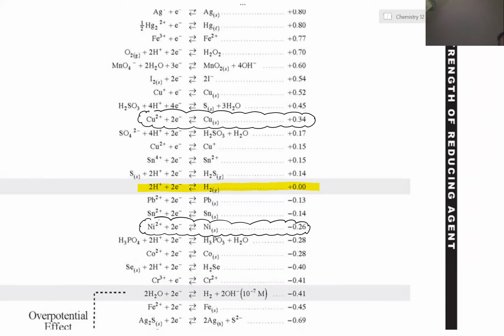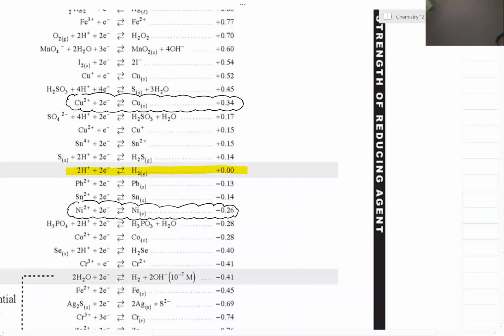All right, now these are all based upon hydrogen being 0. If we were to change our standards, these voltages would change. What do I mean by this? Let's say we set nickel as 0.